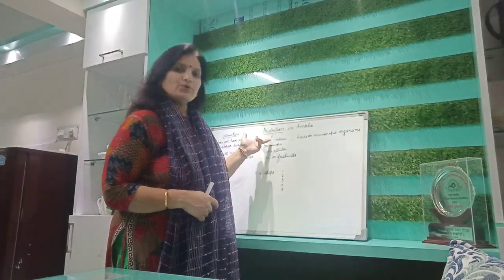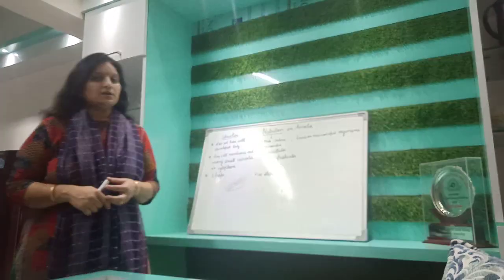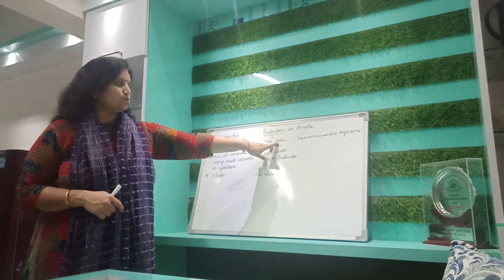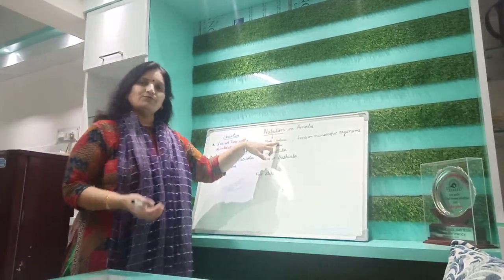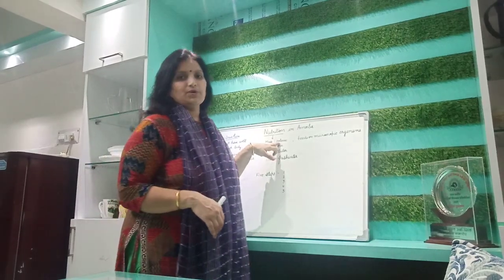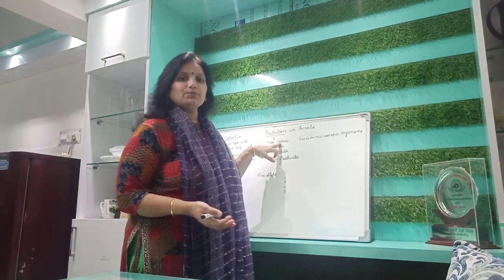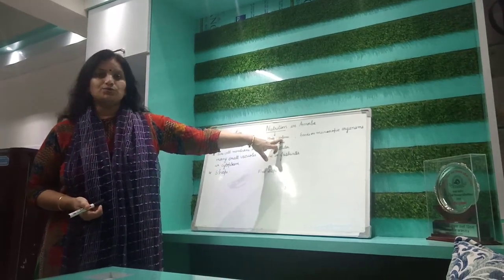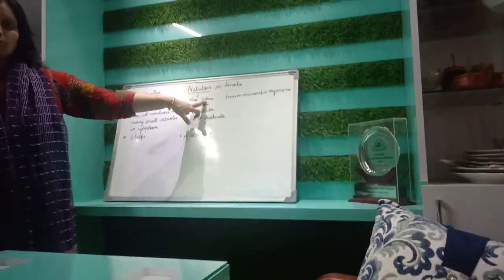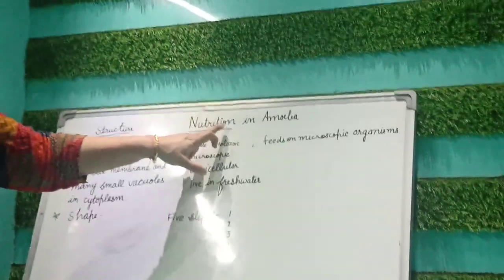First of all, the mode of nutrition in amoeba is holozoic. Holozoic means the process of taking food into the body and then breaking it down into simpler substances. That is known as the holozoic mode of nutrition.